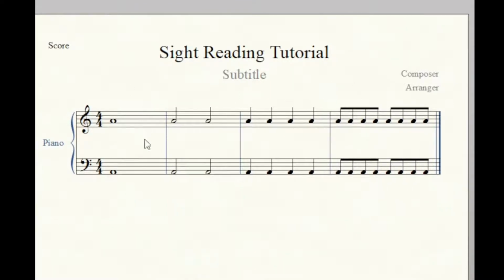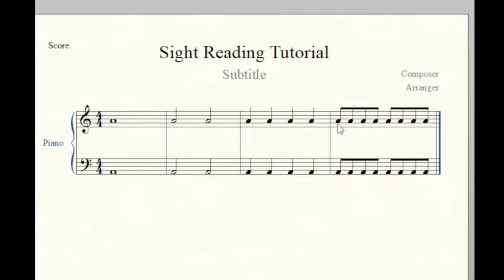So this means that this is held for the full length of the measure, 4 beats. This is held for 2 of the 4, and this is held for the 2 of the second half beats of this measure. And these are 1 beat per note. And then you have 8 eighth notes. So the measure is divided into 8 parts.